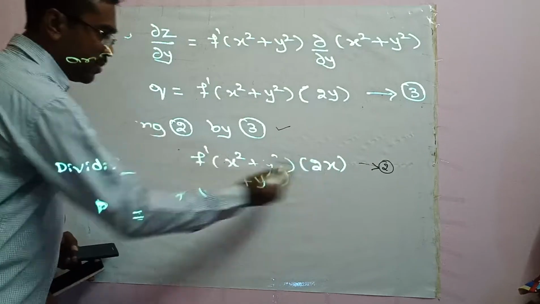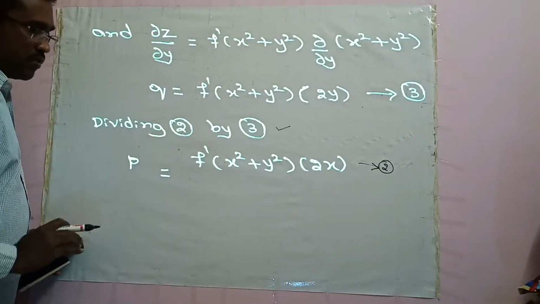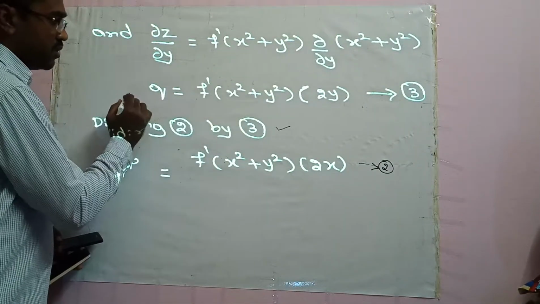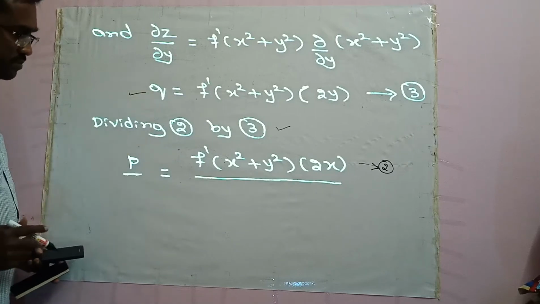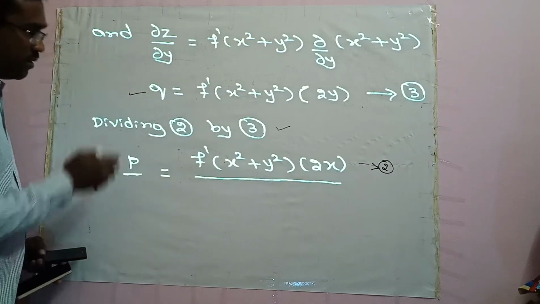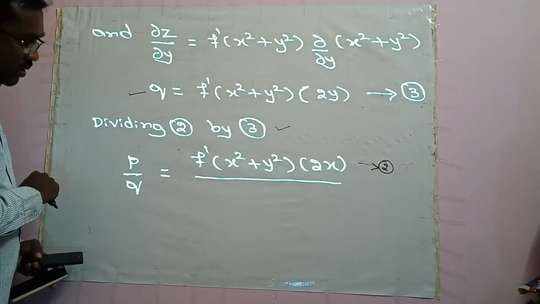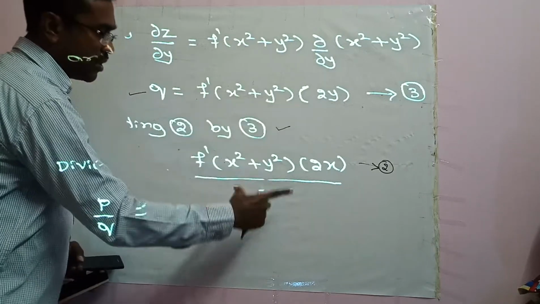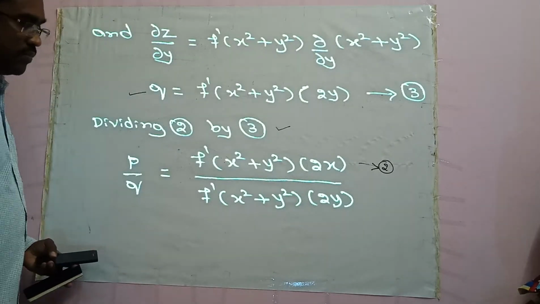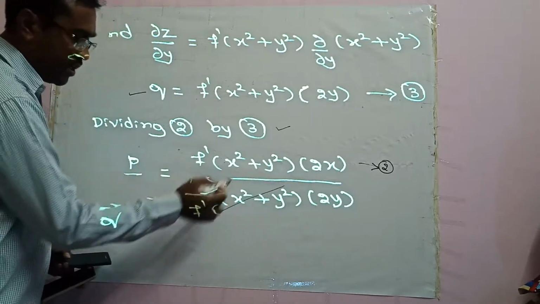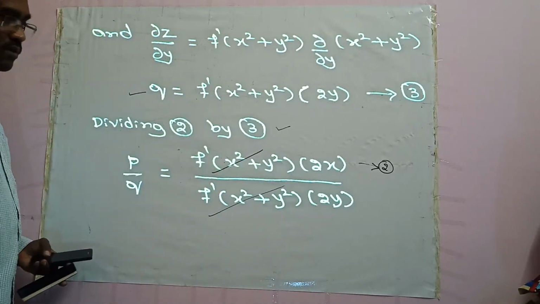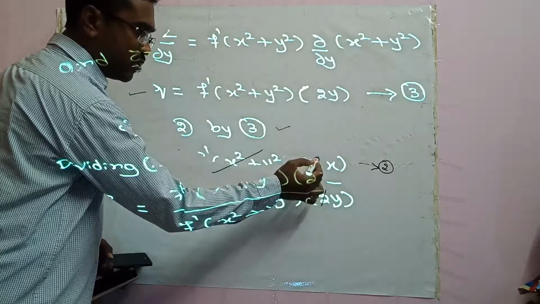So take equation number 2 and divide it by equation number 3. Here q will come, this RHS will come in the denominator. Now what happens? f dash and f dash will get cancelled. This 2 and this 2 will get cancelled.